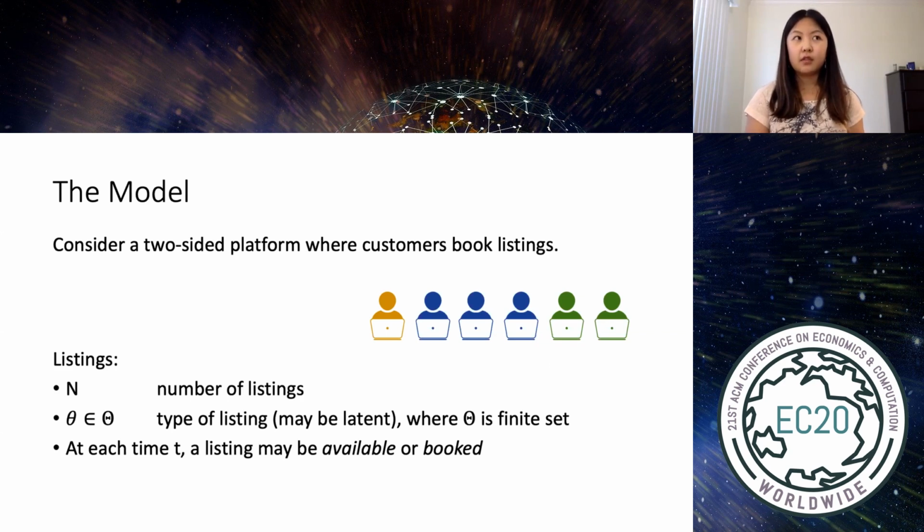This can include platforms where people book lodging or childcare, tutors, etc. But for the sake of this presentation, we'll keep the ongoing online labor platform model in mind. So here, a listing is a freelancer. Listings can have different types. This could be, for example, the experience level or the location of the freelancer. And at every time, a listing can be either available or booked.